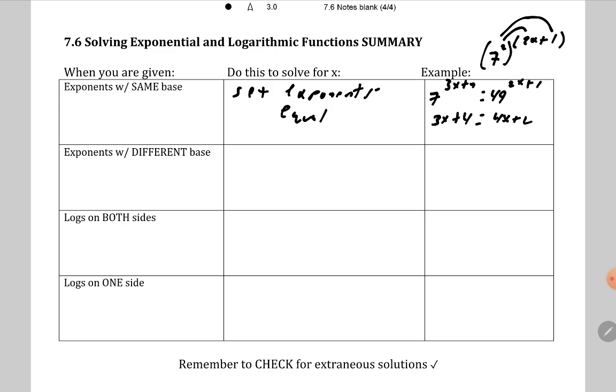Okay. If we have exponents with different base, we take the log or natural log on each side, and then use change of base.